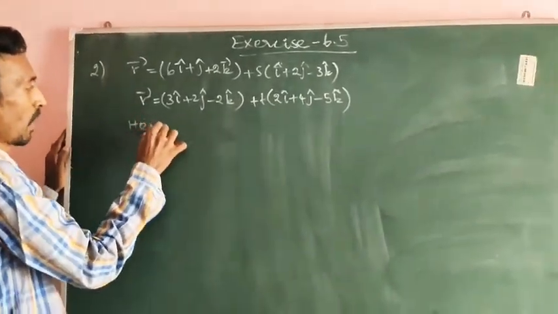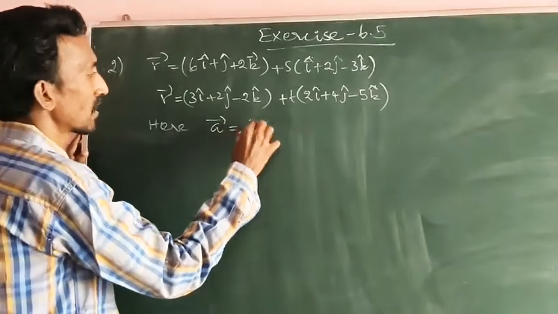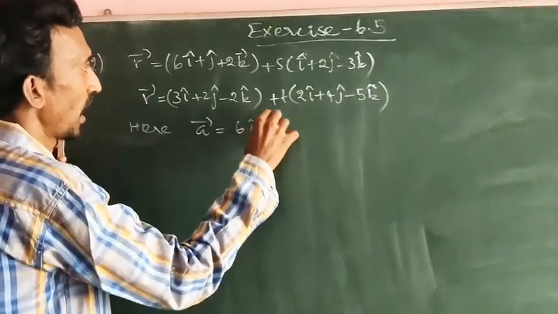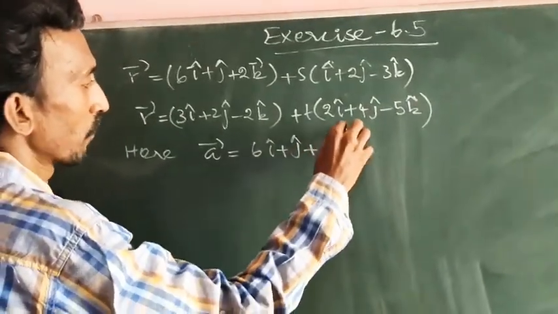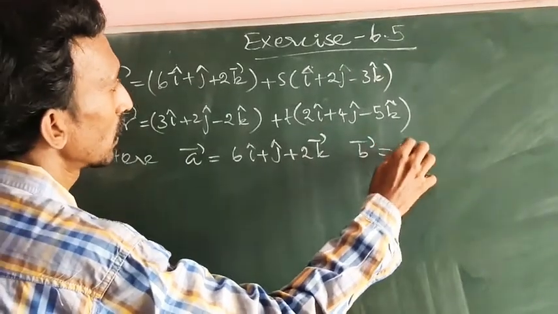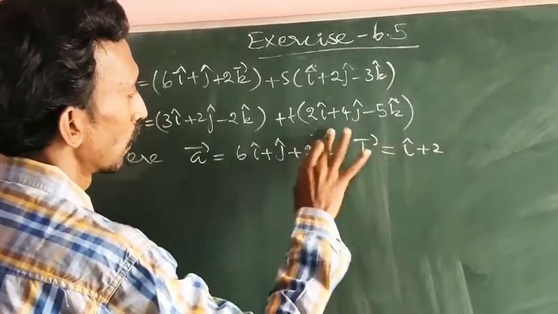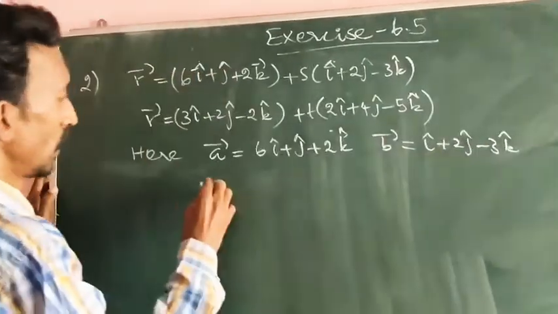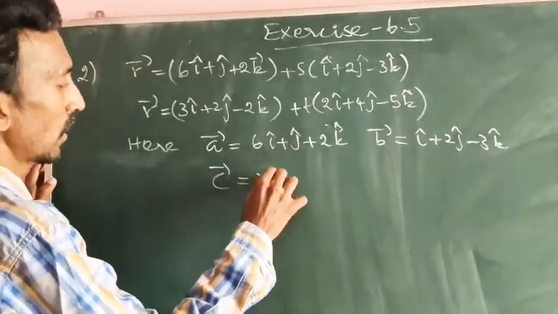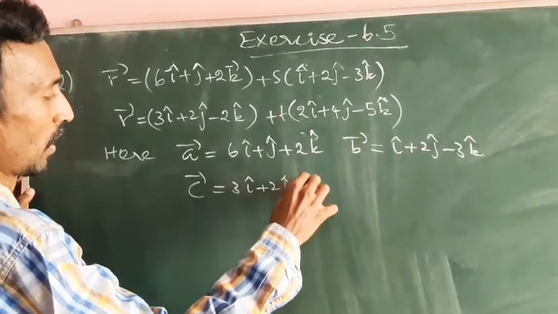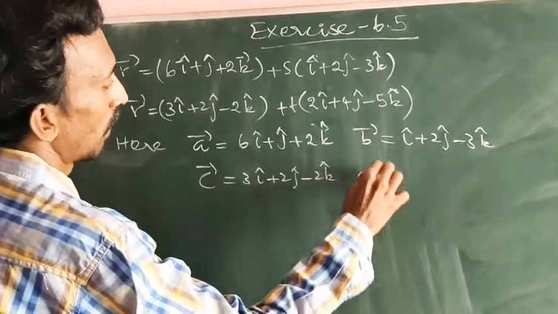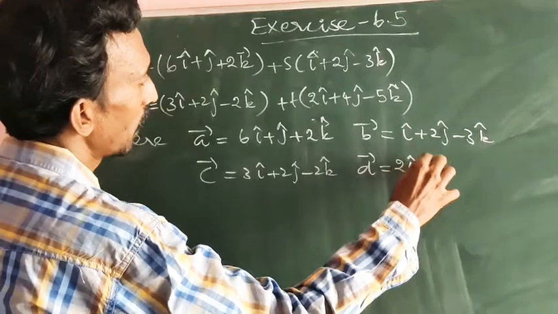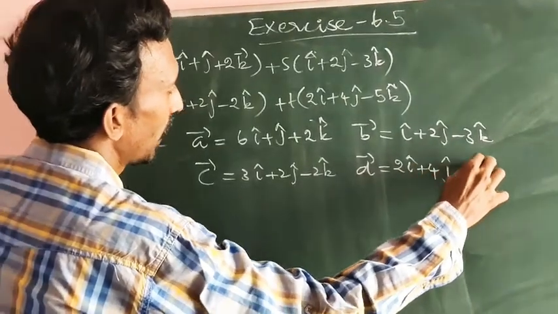So here we get a vector equal to 6i plus j plus 2k, b vector equal to i plus 2j minus 3k, c vector equal to 3i plus 2j minus 2k, d vector equal to 2i plus 4j minus 5k.